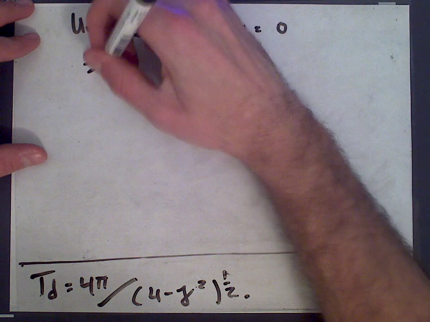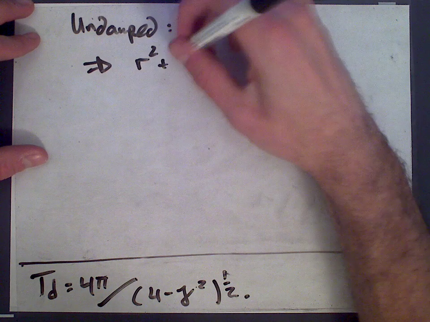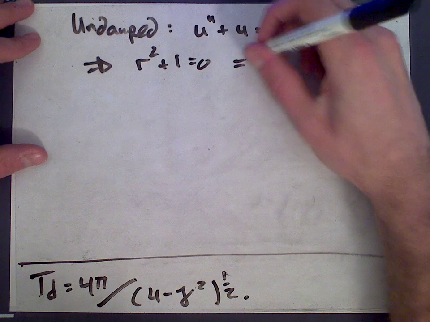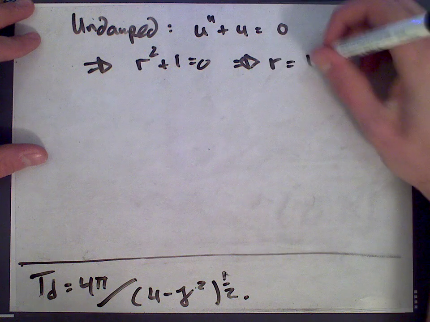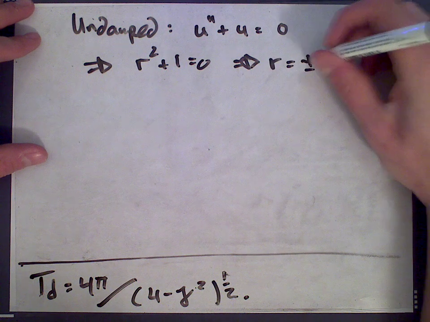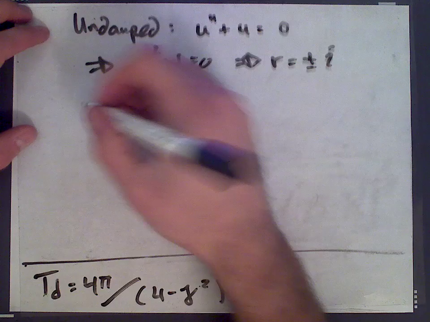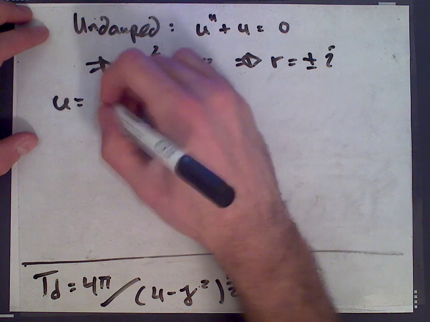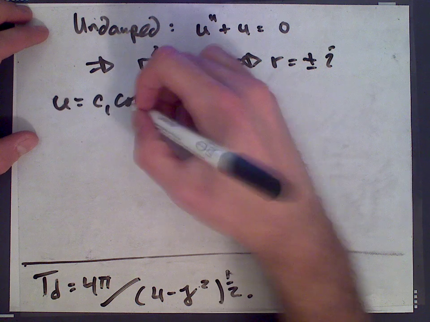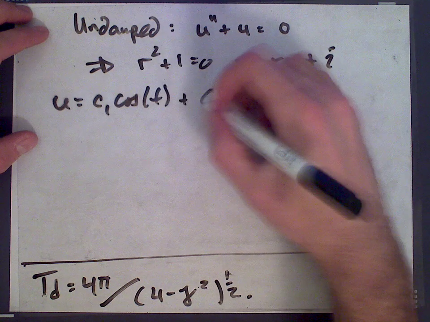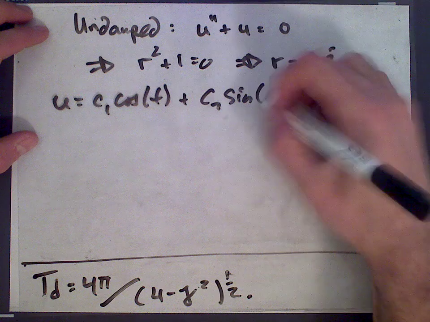The characteristic equation is r squared plus 1 is 0, so the roots are r equals plus or minus i. And so the solutions are u equals c1 cos t plus c2 sine t.